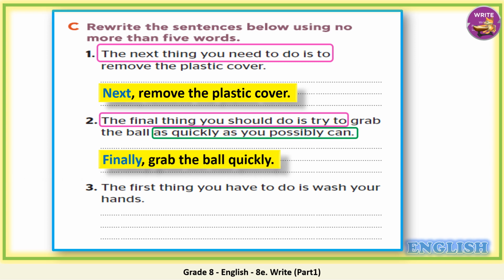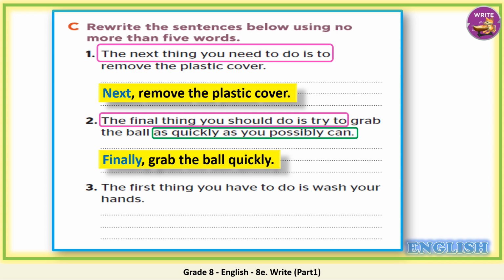Very good. Finally, instead of saying the final thing you should do is try to, we can just say finally. Grab the ball. And instead of saying as quickly as you possibly can, we can just write the word quickly. Again, remember, you need to write short sentences.